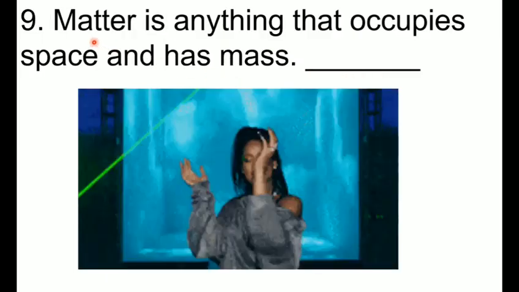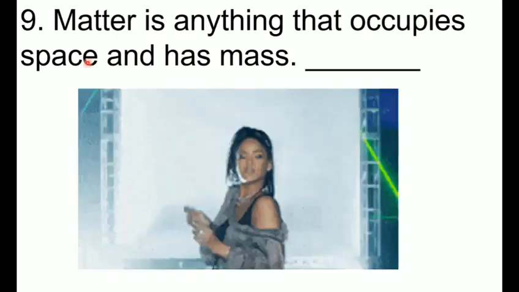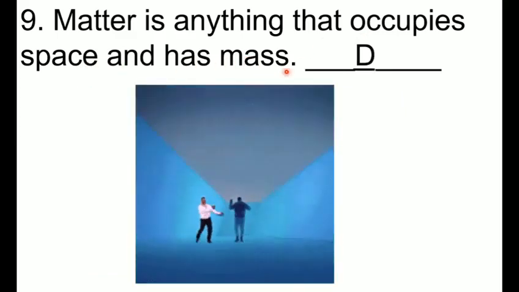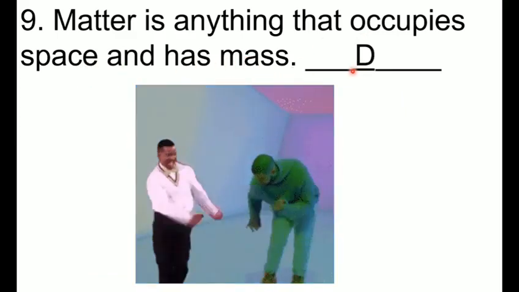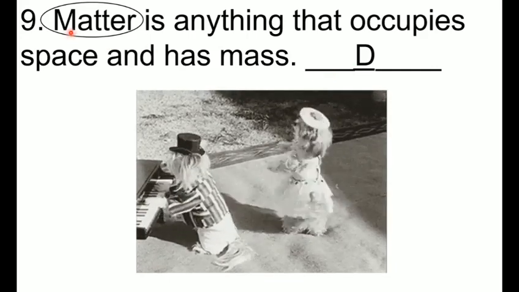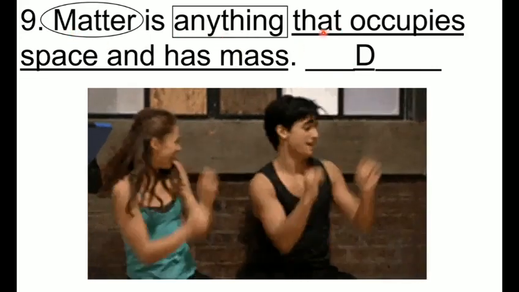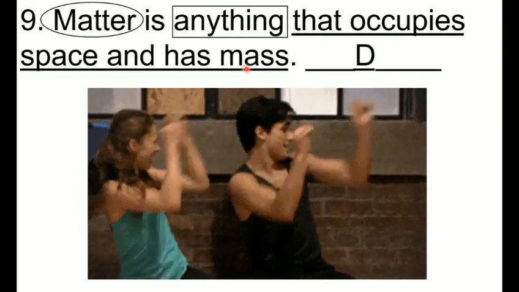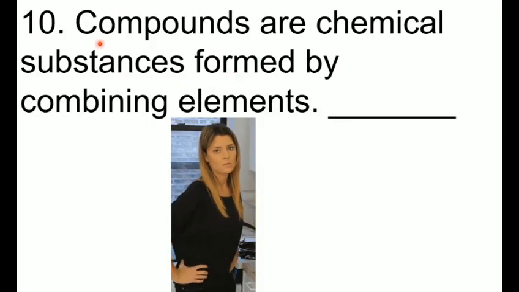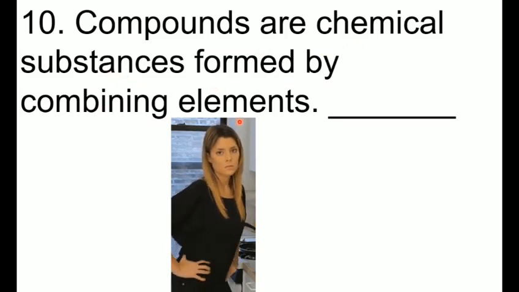Number 9, matter is anything that occupies space and has mass. Alright, this is also a definition. Kasi, meron siyang term, and then class, and then distinguishing characteristics. And number 10, compounds are chemical substances formed by combining elements.